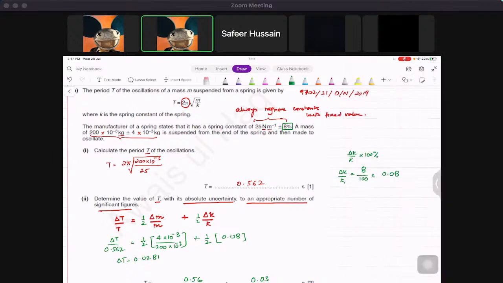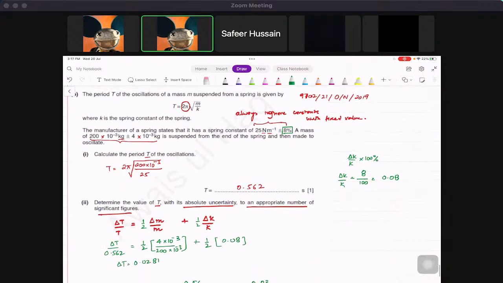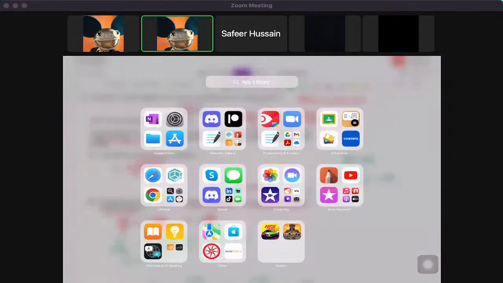Now this is 21 October 2019. Let's keep on checking it. Who has a row of papers?